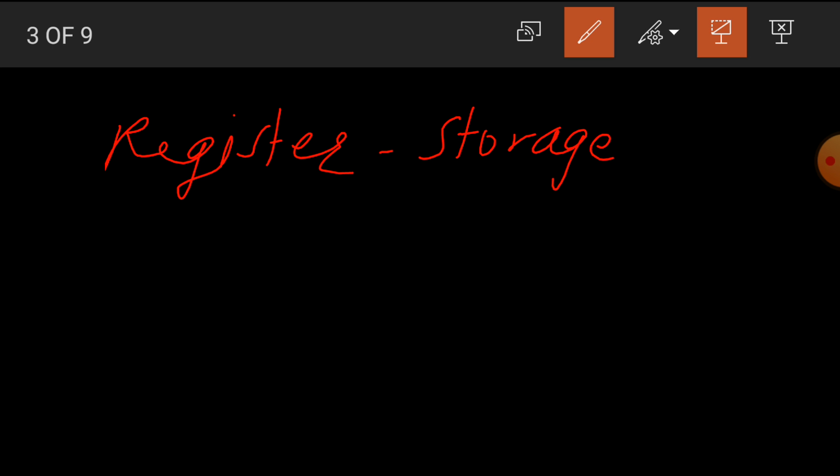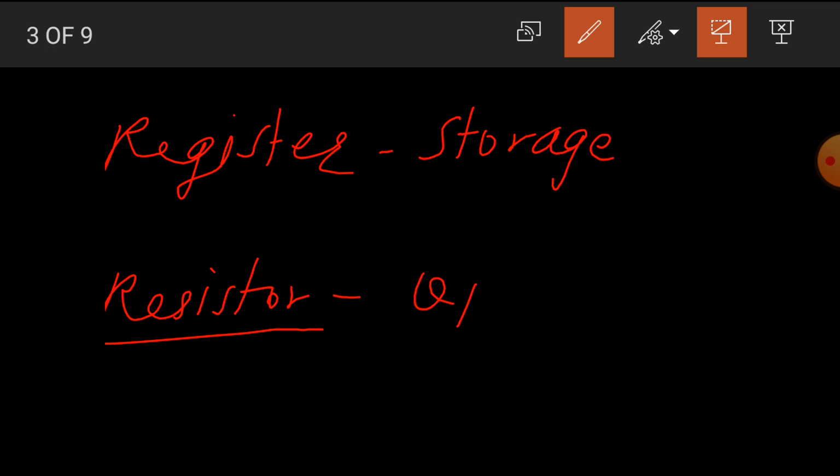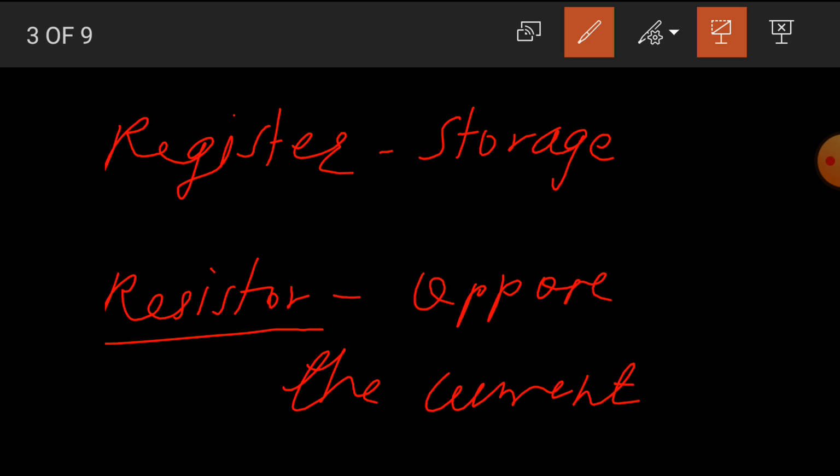But in electronics, we know another type of resistor, and this resistor is used to oppose the current. That means there are two such terms in electronics.